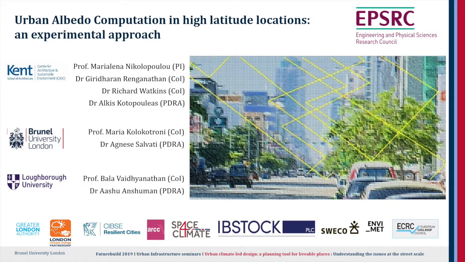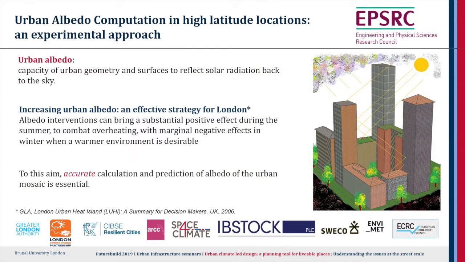In this field and at this scale of investigation, I'm working on an EPSRC project called Urban Albedo Computation in High Latitude Location, an experimental approach. The project is led by Kent University in collaboration with Brunel University and Loughborough University, and aims at developing an urban albedo calculator. What do we mean by urban albedo? It is the capacity of urban geometry and material surfaces to reflect the solar radiation back to the sky.